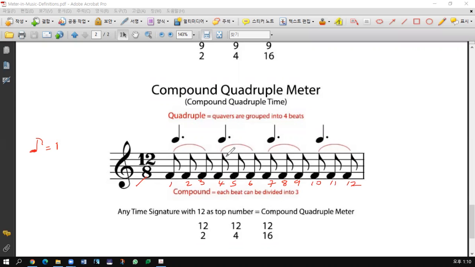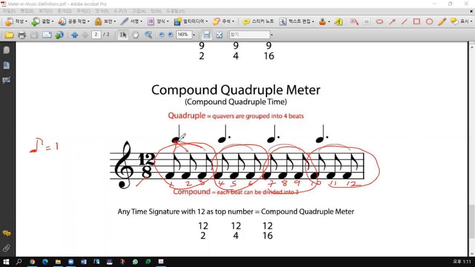And it can also be divided into groupings of 3 eighth notes. So 1 chunk, 2, 3, 4. So this one, the value is equal to a dotted quarter note, right? So the eighth notes are grouped into 4 bits.